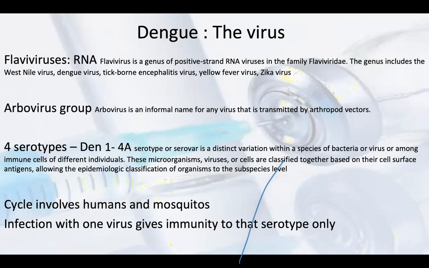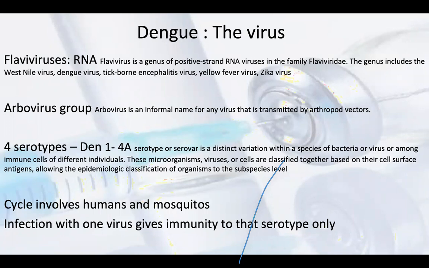It is further known as an arbovirus group, an informal name for any virus that is transmitted by an arthropod vector. The virus is carried by arthropods. It has four serotypes, 1 to 4.